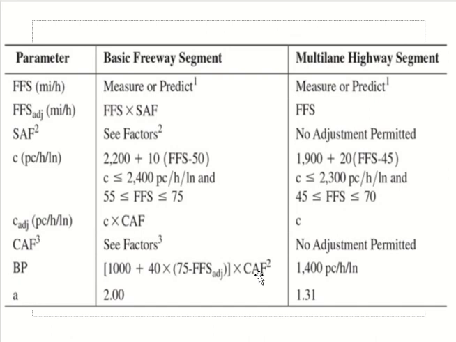Okay. So this is why I didn't write it here, but the question does not mention anything which requires adjustment. So what we will do, free flow speed is the same as what I already have, and CAF, capacity adjustment factor, there is no adjustment. So this factor is gone. So how much is the break point?